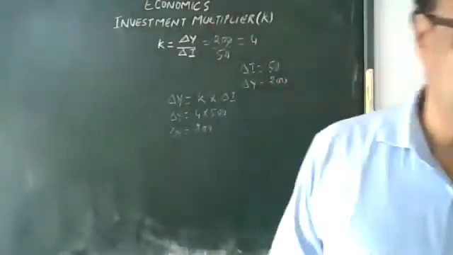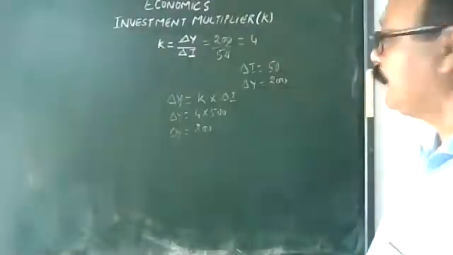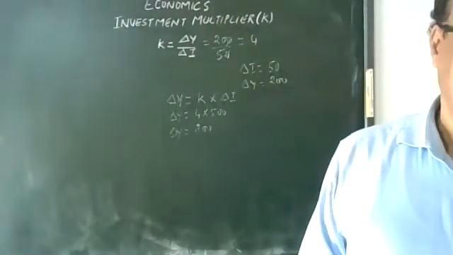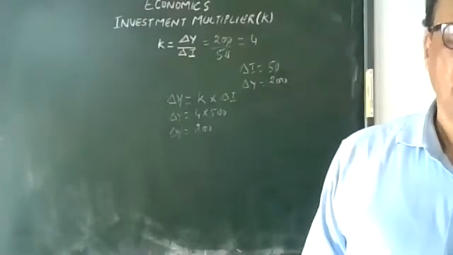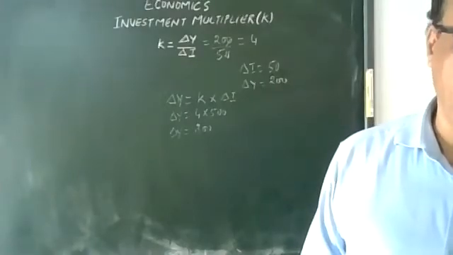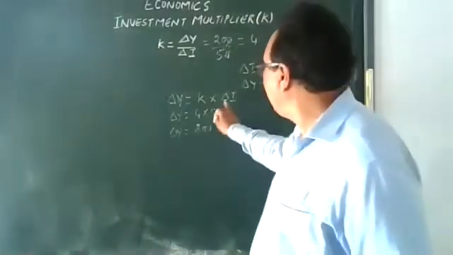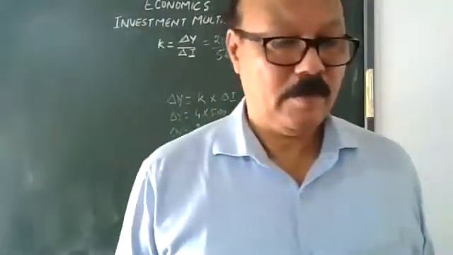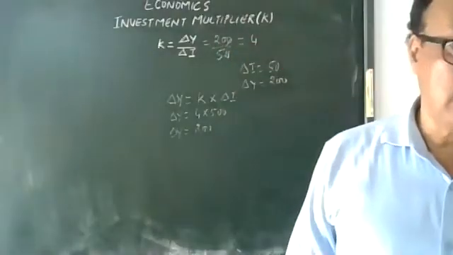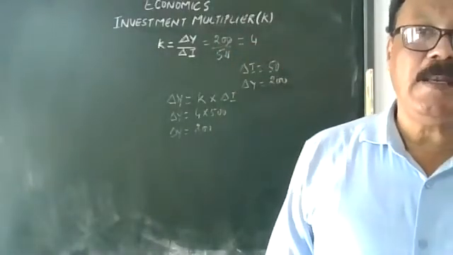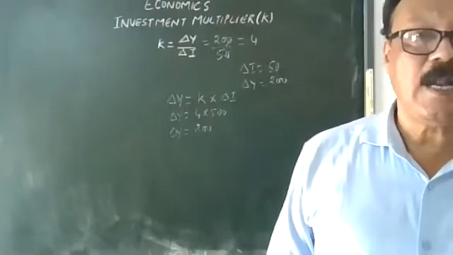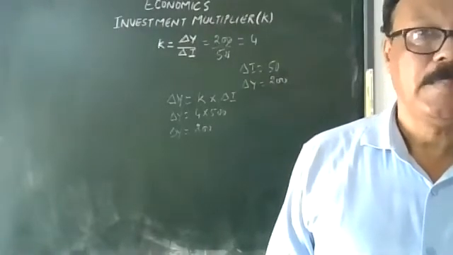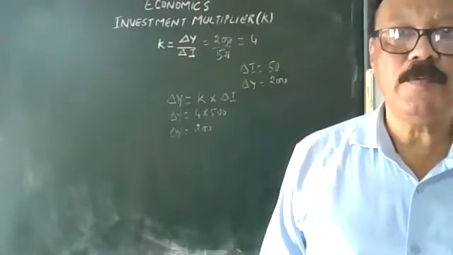Keeping the same example, the multiplier is the number by which the change in investment must be multiplied in order to determine the resulting change in income. Is that clear to all of you?